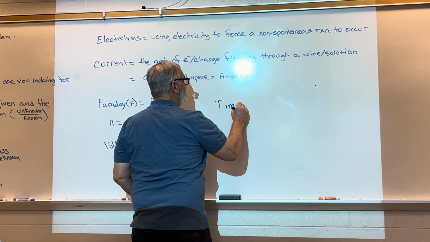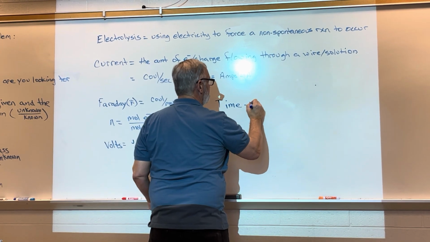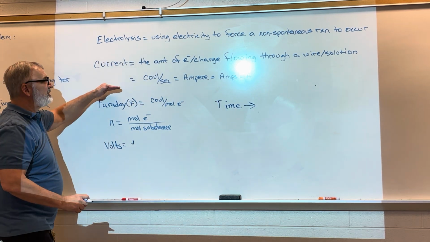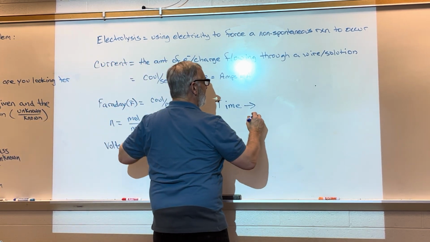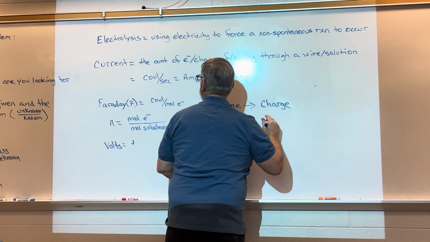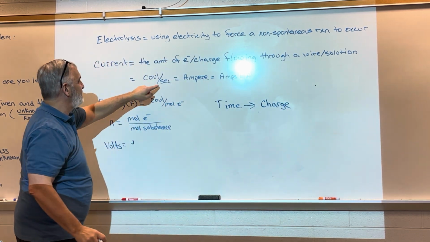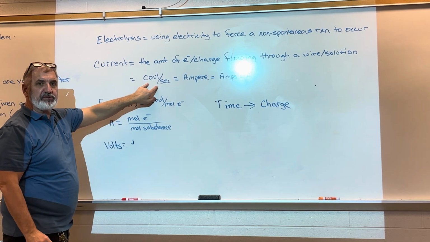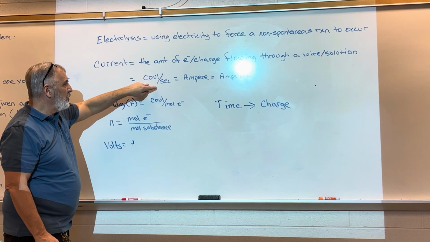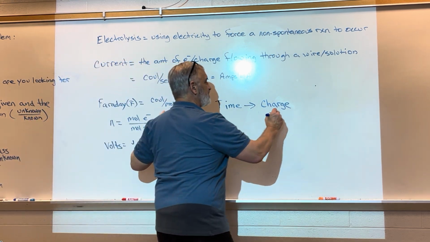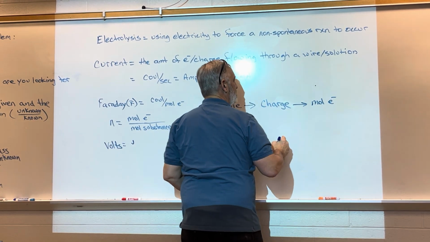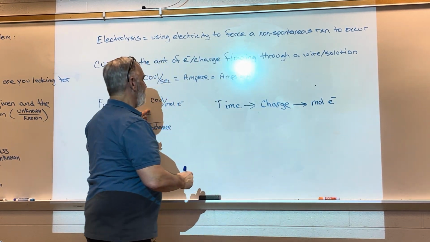You're either gonna go from time, and the only thing that's gonna have time in it is current, so you can go from time to charge. That's how many coulombs. So when we start with seconds, we multiply by coulombs per second and get to coulombs. Once you have coulombs, you can get to moles of electrons using the Faraday.